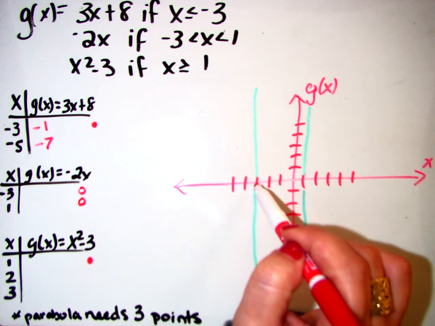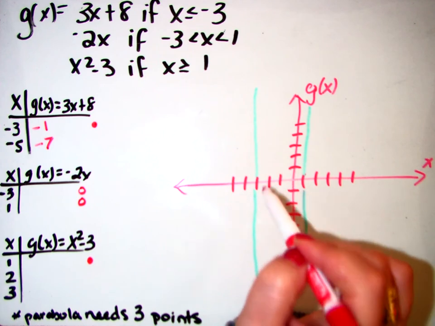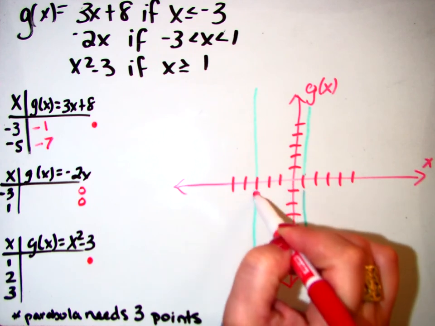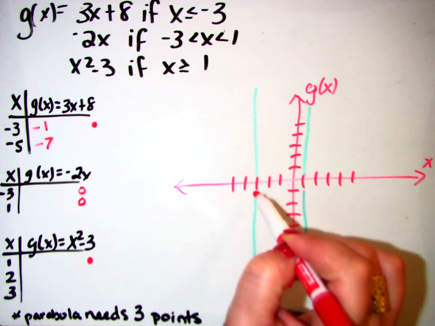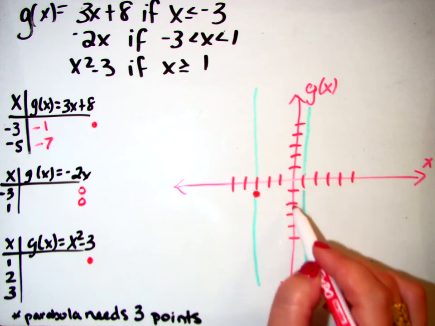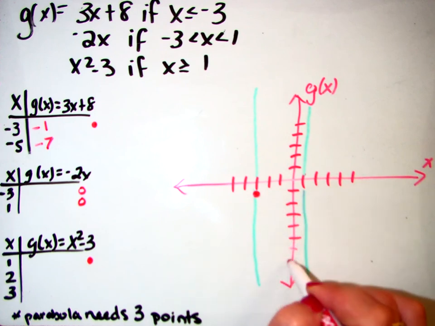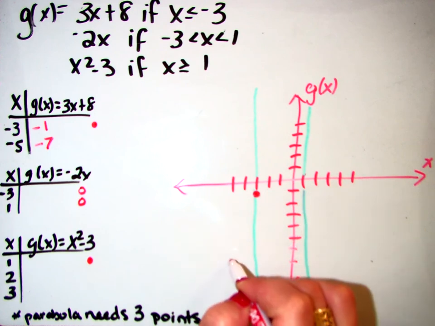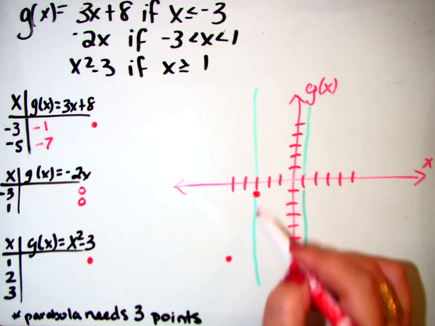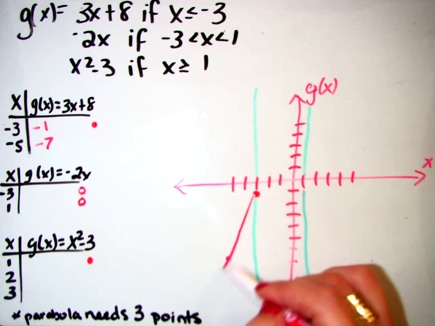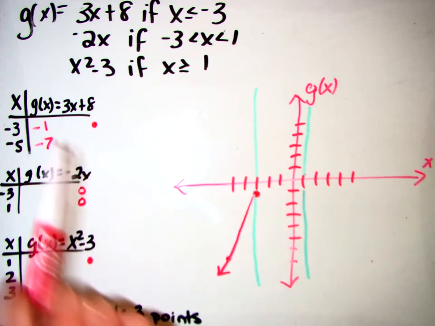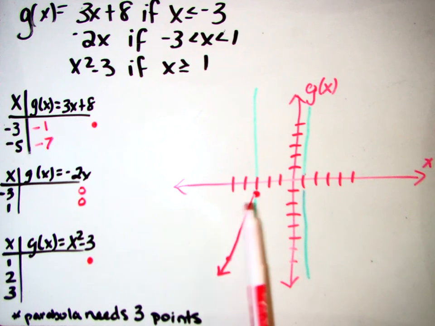At -3, -1, I have a solid point on my boundary. And then at -5, -7. All right, so this is what 3x plus 8 looks like on this side only.